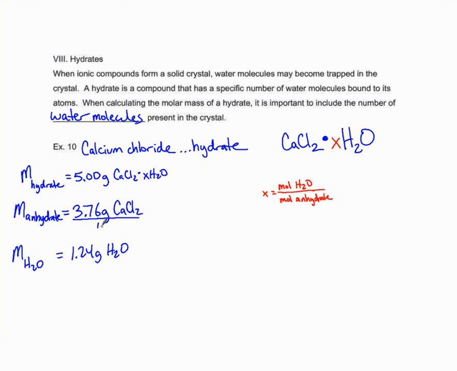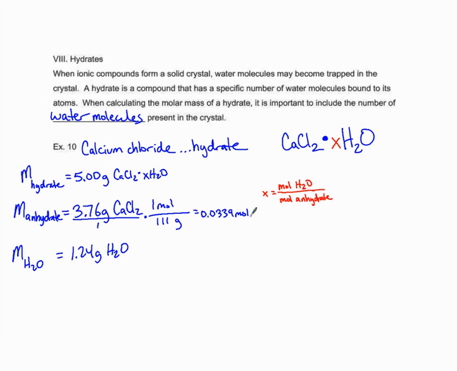So if we calculate the molar mass of CaCl2, we will find 111 grams for every 1 mole, and that ends up being 0.0339 moles.